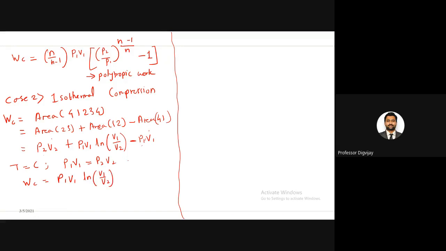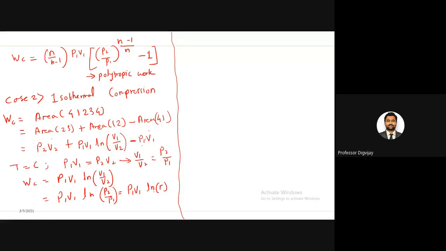From this, you can say that V1 by V2 is nothing but equal to P2 by P1. So compression work, I can write as P1 V1 log P2 by P1. Again, P2 by P1, discharge pressure divided by suction pressure, is the pressure ratio. So this I can also write as P1 V1 log pressure ratio.